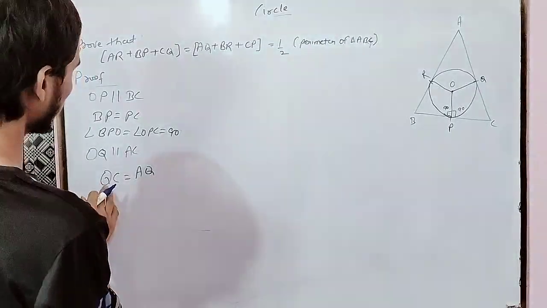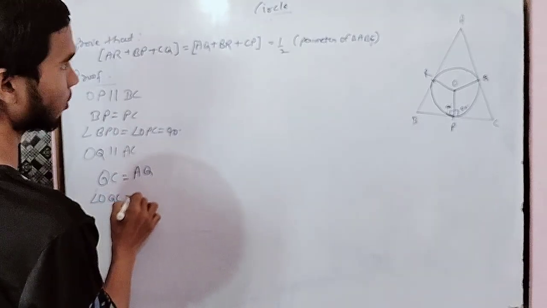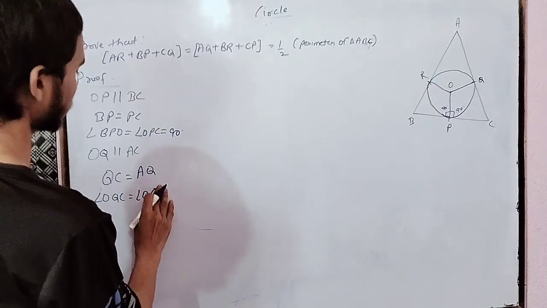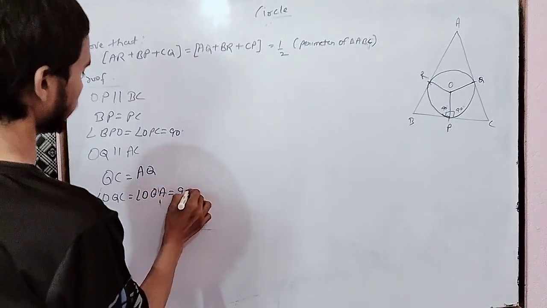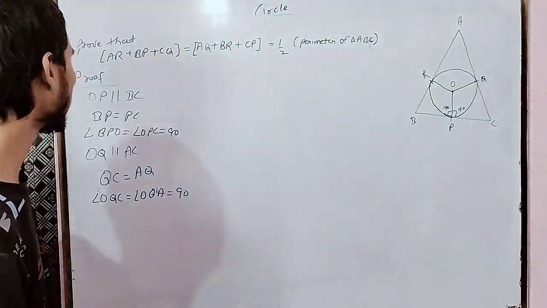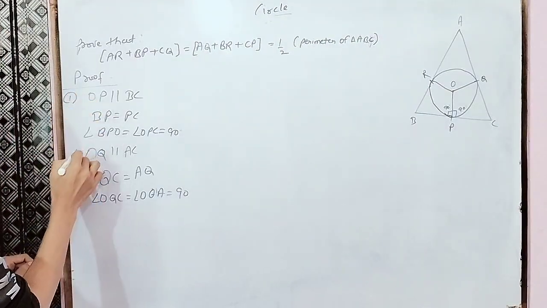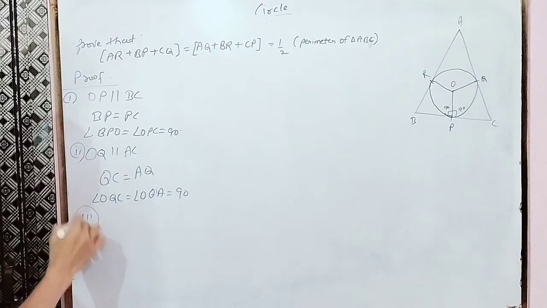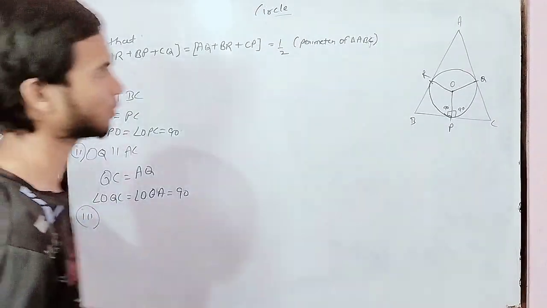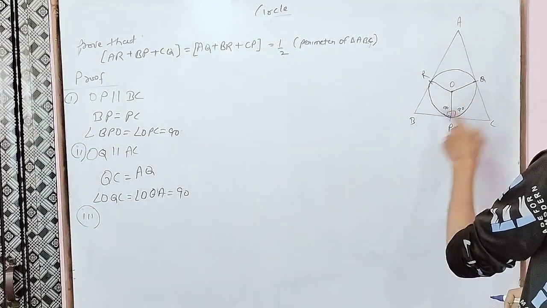And in the case of angle, of course angle OQC will be equal to angle OQA, and angle OQA forms a 90 degree angle. Now clear? This is one, this is second. Third is what? We have three sides, third it's the turn of this.